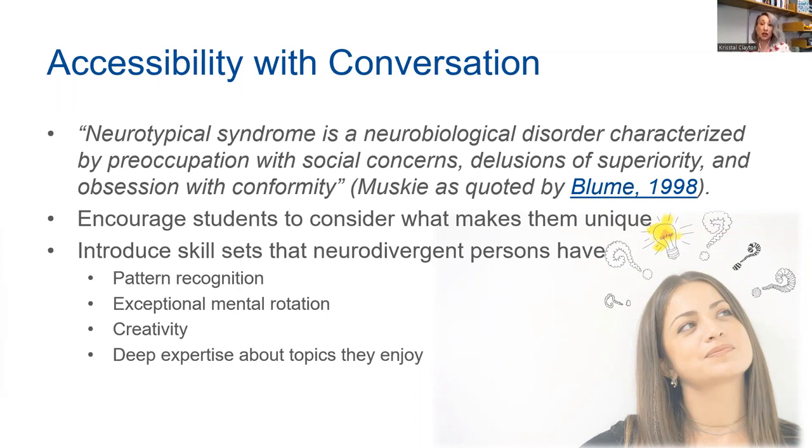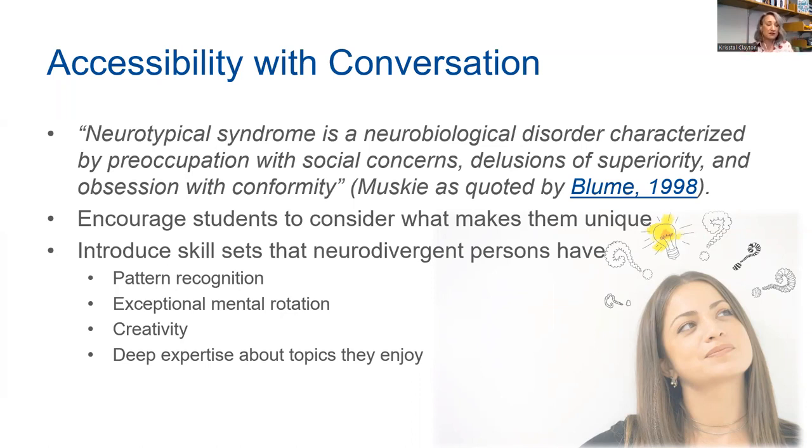There is a neurodivergent blogger who presents these really funny scenarios based on his perspective as someone who is neurodivergent. And one of these really interesting hypotheticals that he presents is if the DSM were written by neurodivergent clinicians, how would it describe neurotypicals? And I find the parody to be very effective for sparking a conversation with your students about what is and what is not typical.